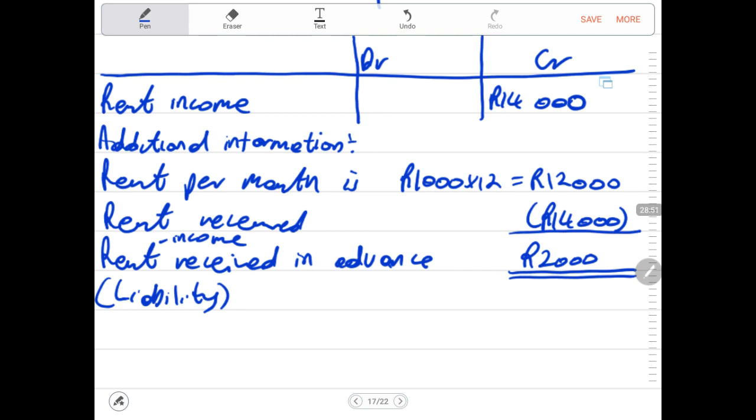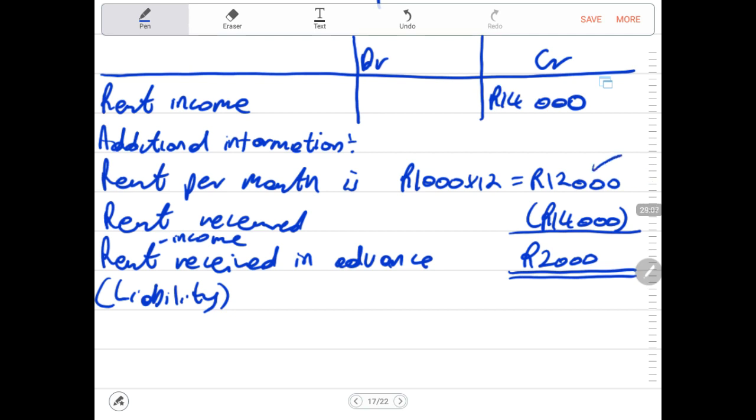But in this case, we have 2,000 that is received before time, which is income received in advance. And again, in the income statement, we are supposed to record an amount of 12,000 rands.